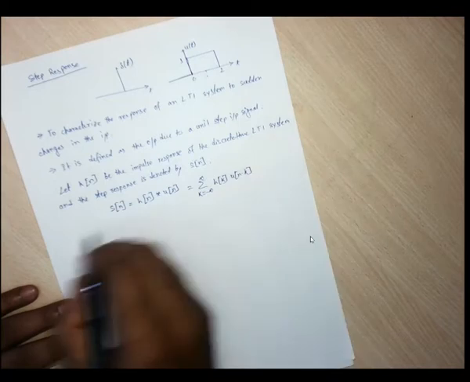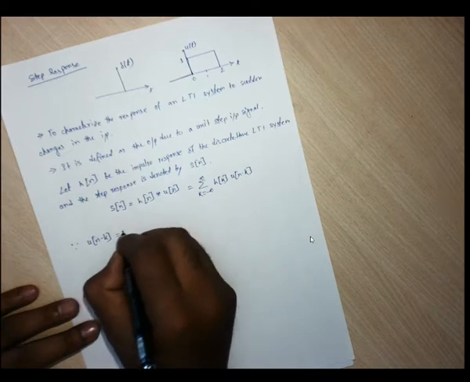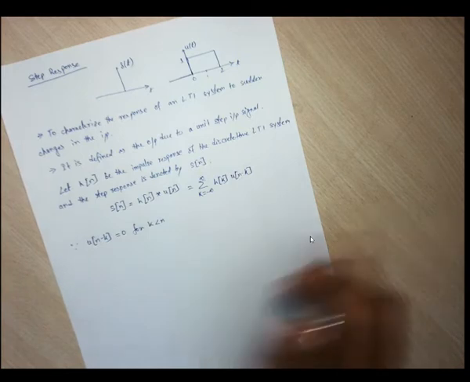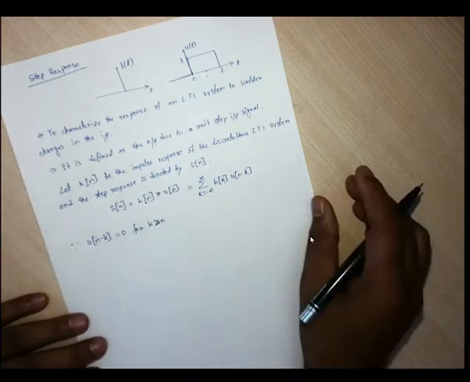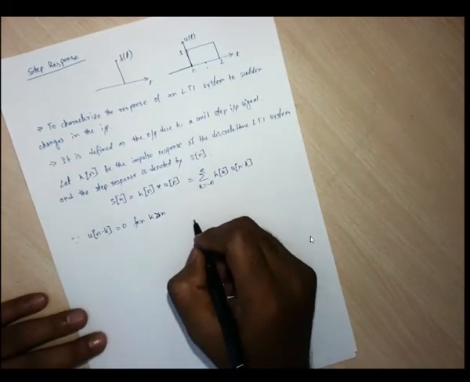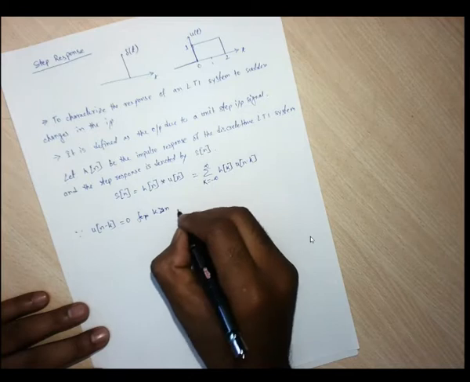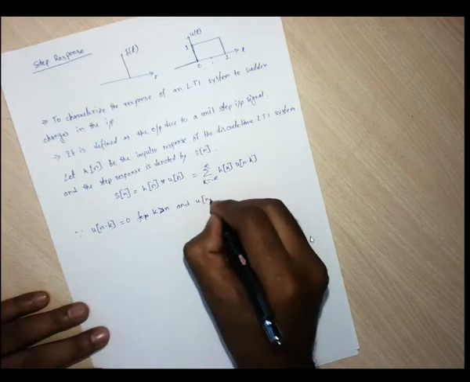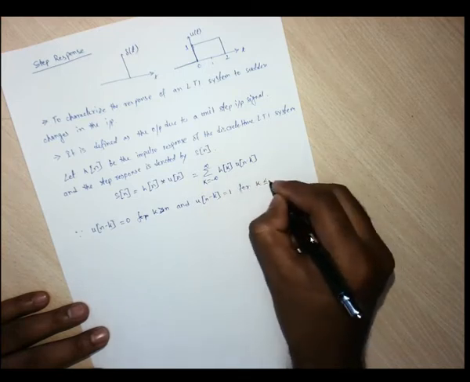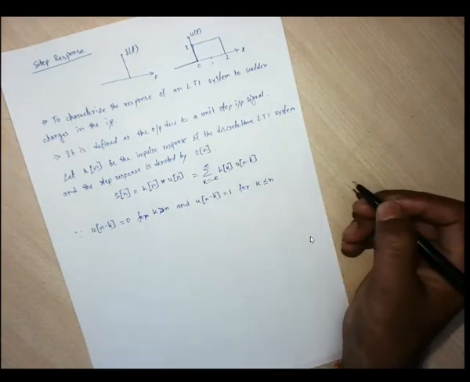Now u[n minus k] is 0 for k greater than n, and u[n minus k] is 1 for k less than or equal to n.